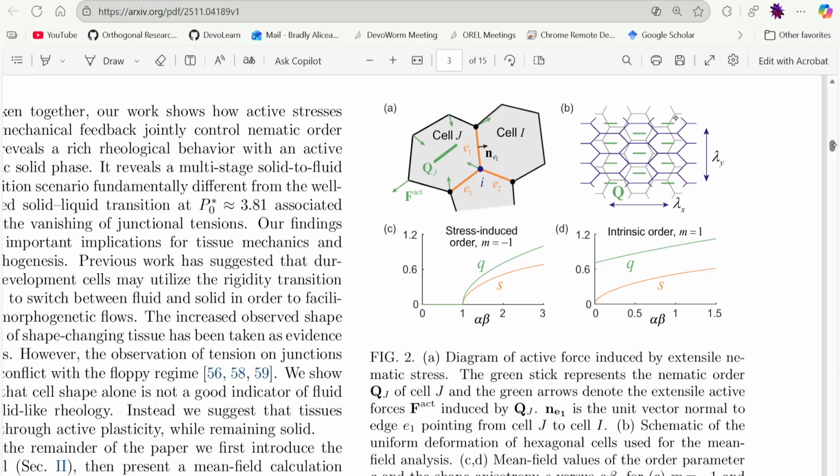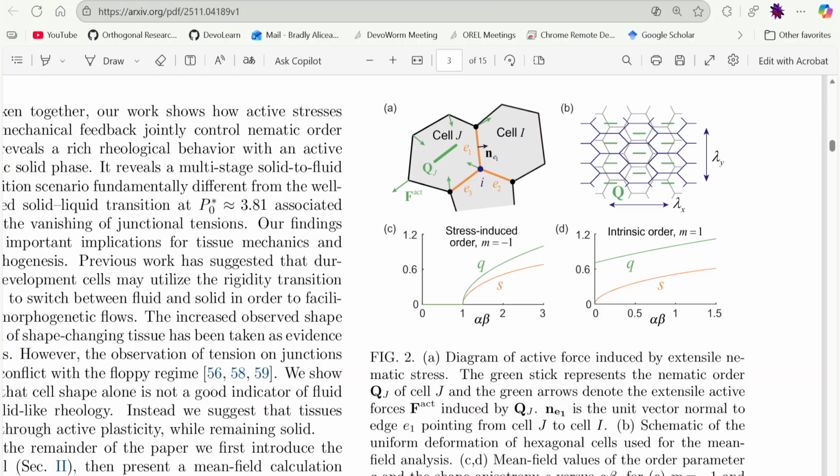Then there's intrinsic order, which is this here. This again is Q, the order parameter, and S, which is shape anisotropy. Shape anisotropy is where it's not isotropic, where you have differences in the shape. The differences in the shape increase as the order parameter increases in the stress-induced case.